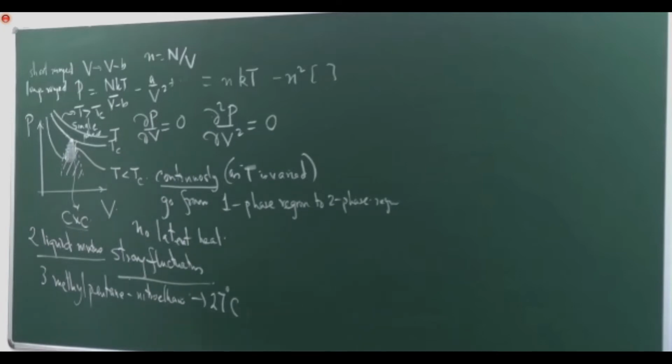The bulk modulus actually gets related to the light scattering. So the fact that you can scatter light very easily, the light scattering gets related to the susceptibility, the bulk modulus.